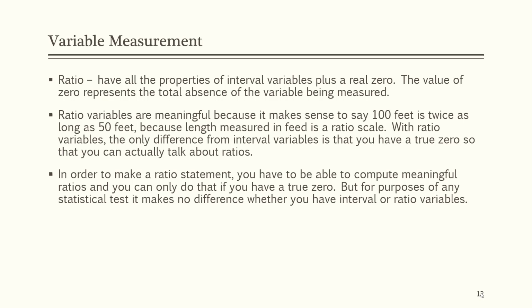And this allows you to compute meaningful ratios because there's a true 0 point. In social behavioral sciences, we typically treat interval ratio as the same. So we recognize that ratio is the highest level. There's a true 0 point, which means you can have accurate ratios with that. But in our statistical analysis, we treat these as the same.